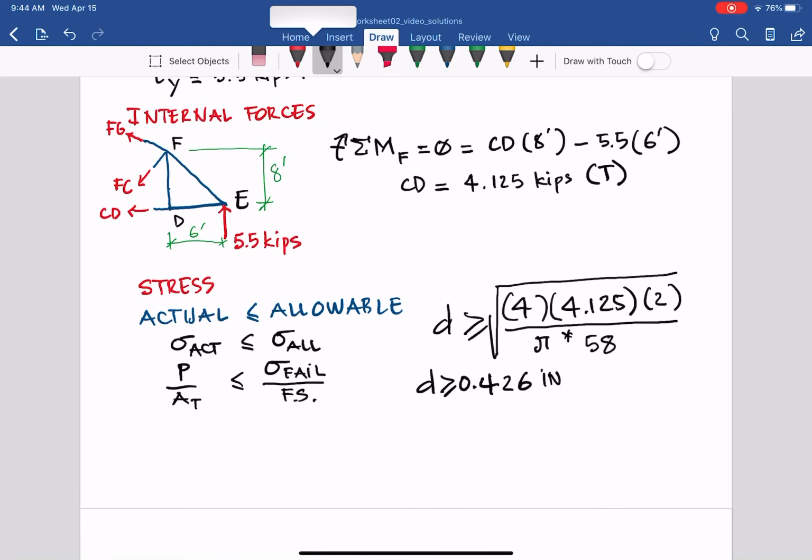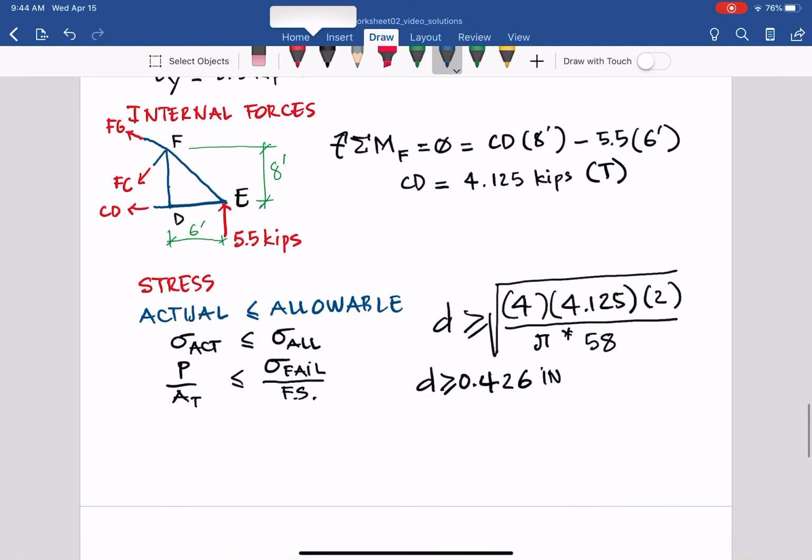So the chosen one should be d equal to 0.5 inches, and that should be the answer, because that is the nearest 1/4 inch. Make sense?